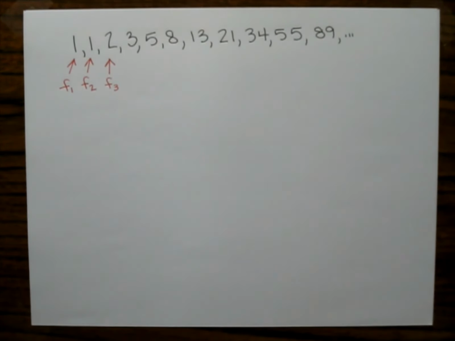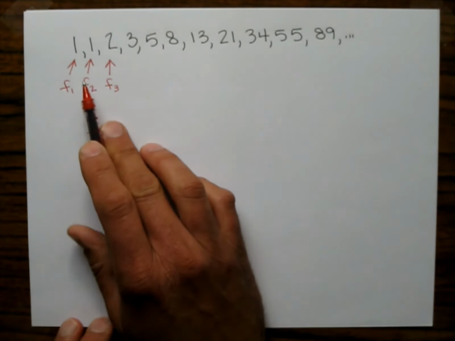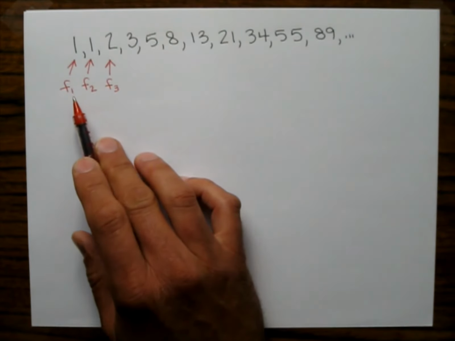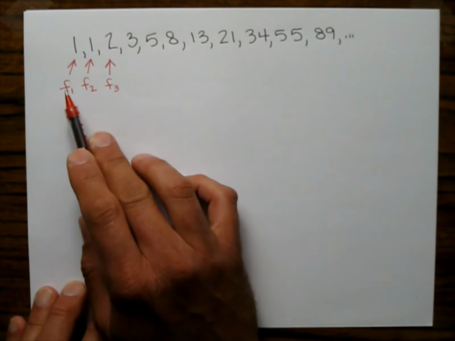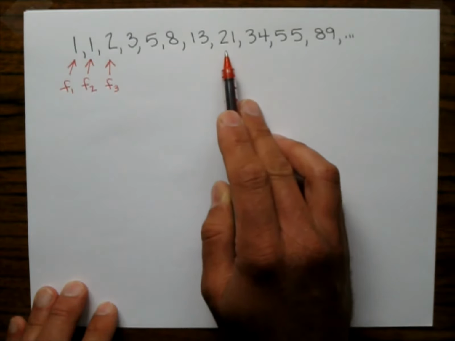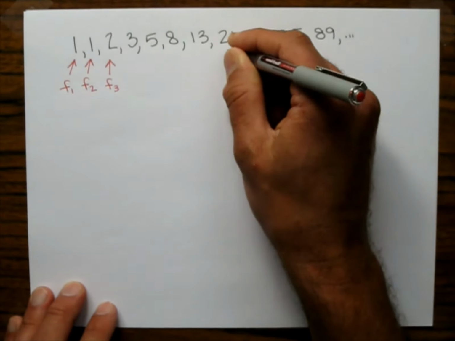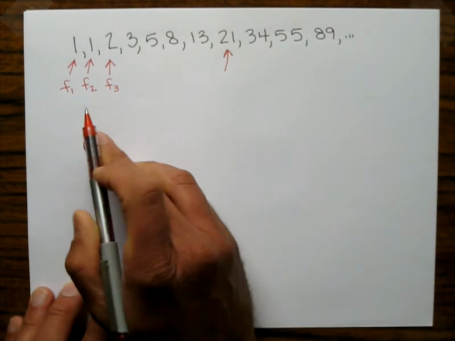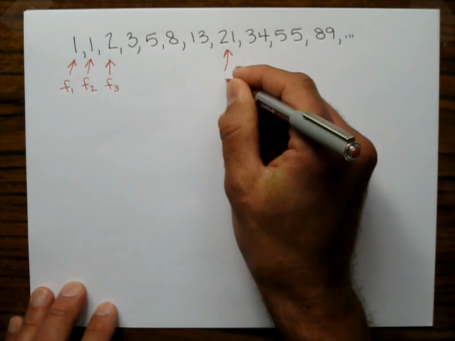So sometimes what math people will do is they'll take something that's interesting like Fibonacci numbers and make it more complicated, and they call the first Fibonacci number F, and that's a subscript. So F sub 1, or sometimes we say F1, and F2, and F3. So 21, you could pause the video and think about what that would be. Okay, 21 happens to be, let's count them, F1, 2, 3, 4, 5, 6, 7, 8. 21 is F8.